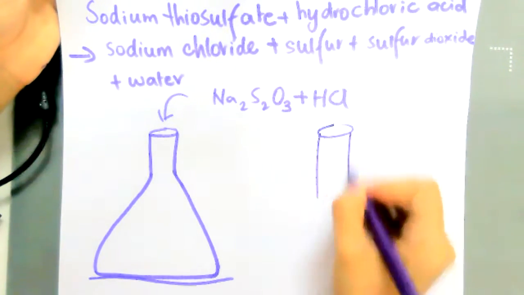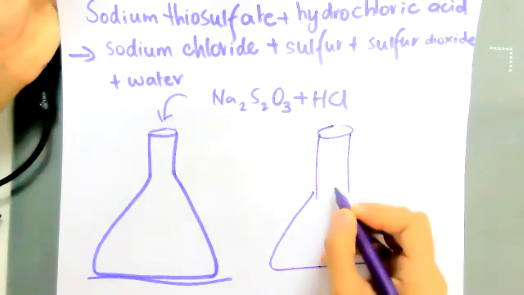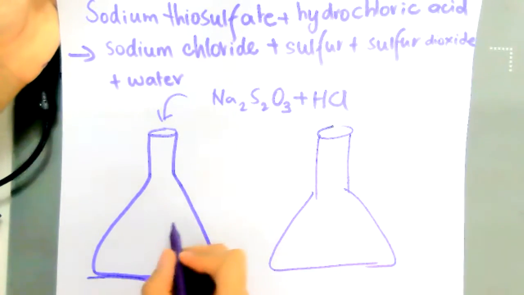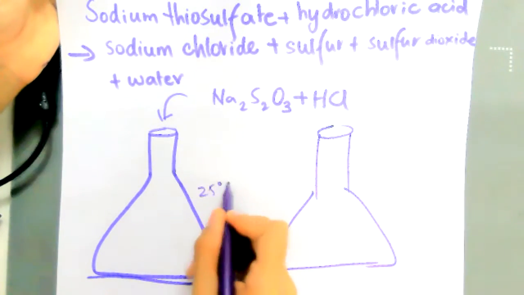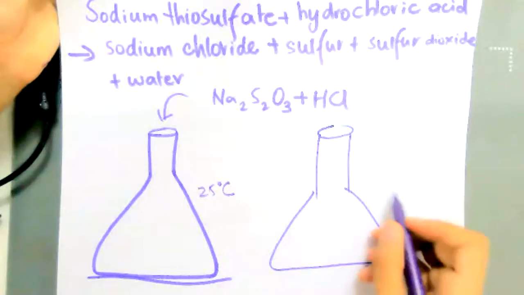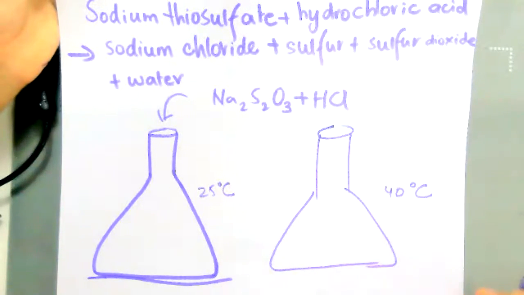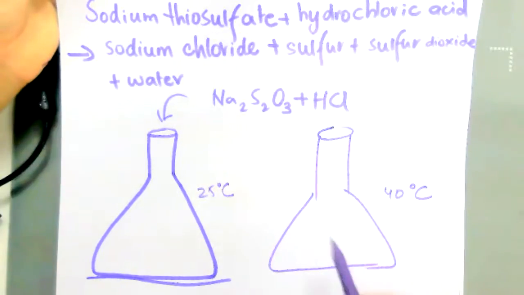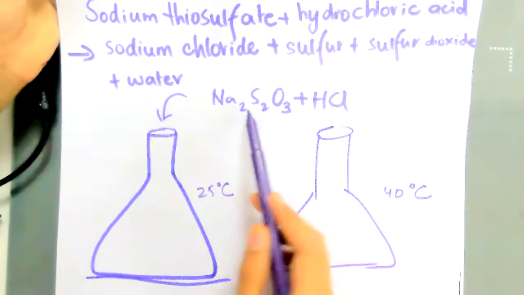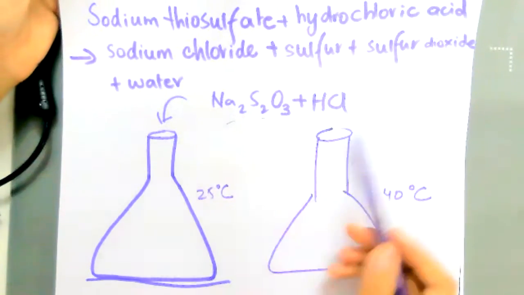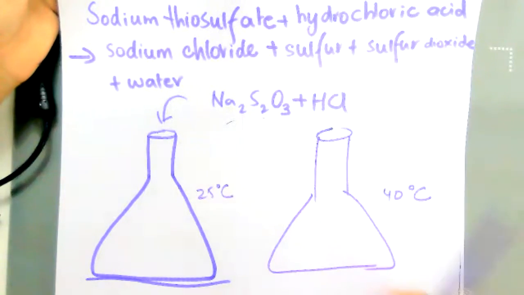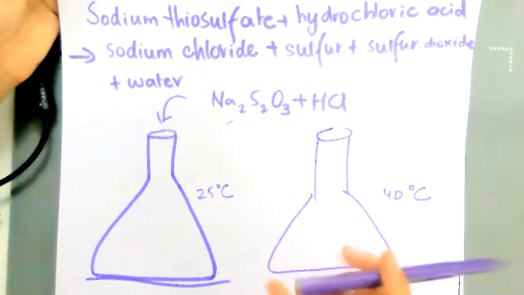For now, I'm just taking two of them. If this one is at room temperature, and I heat this one up to about 40 degrees Celsius, so it's lukewarm, then I'm going to add sodium thiosulfate to each and start my stopwatch.